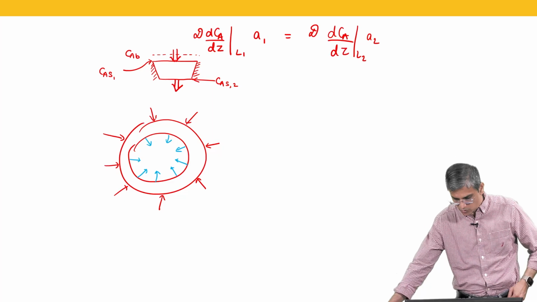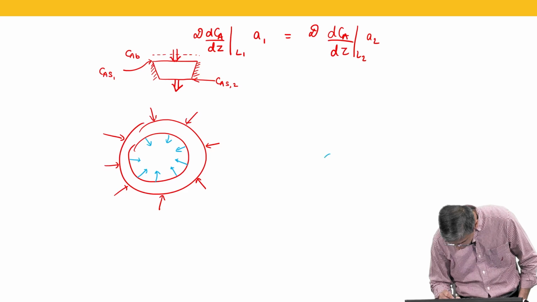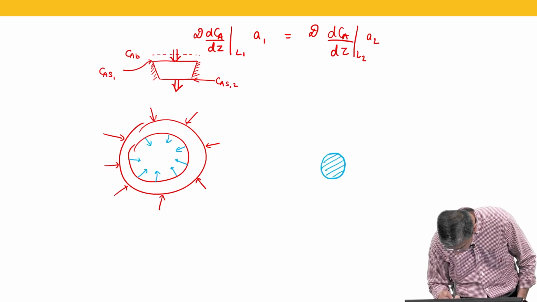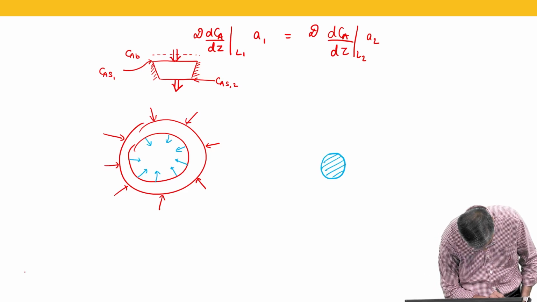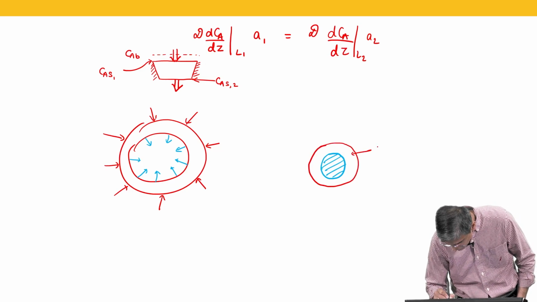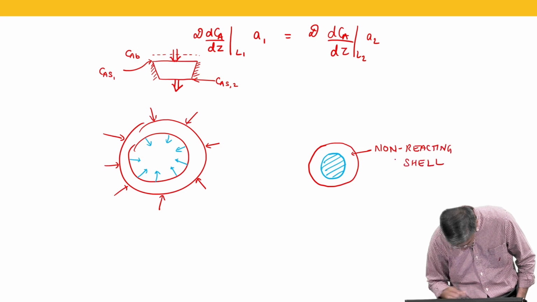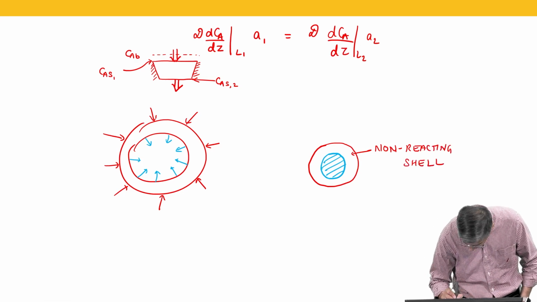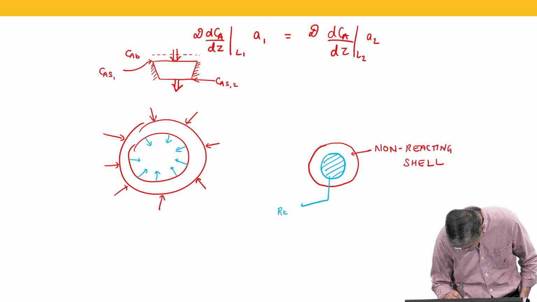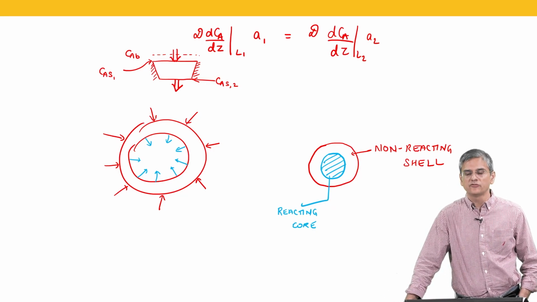Now if the outer layer is non-reacting, again you have various cases.